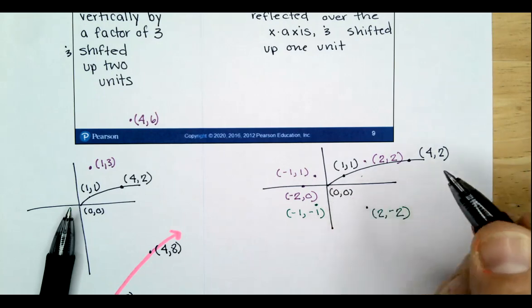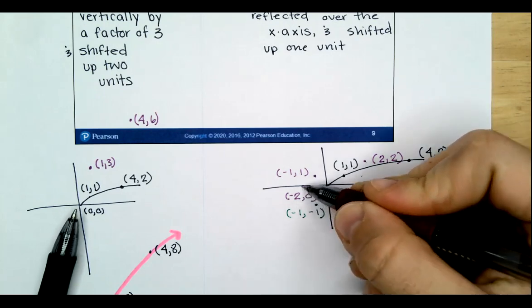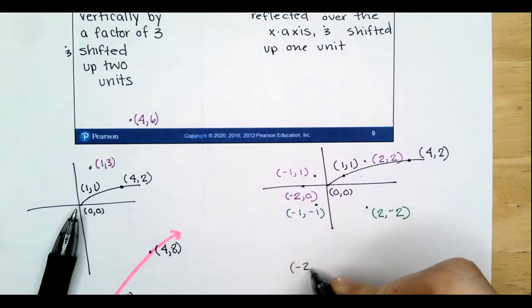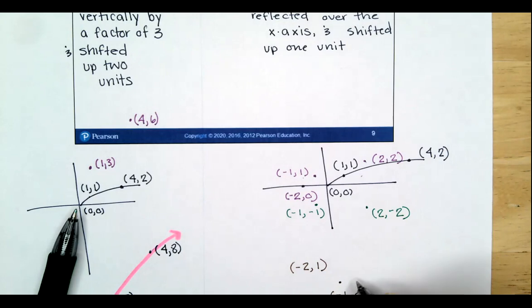So (-2, 0) comes up 1 and becomes (-2, 1), (-1, -1) becomes (-1, 0). And then (2, -2) becomes (2, -1).